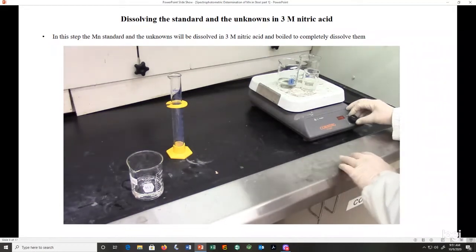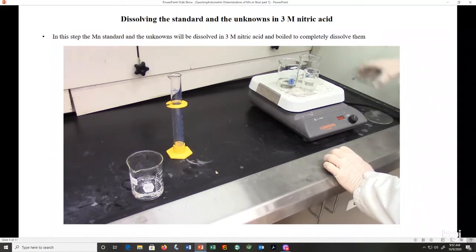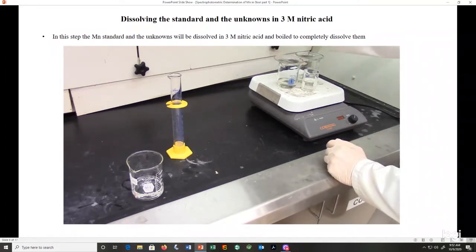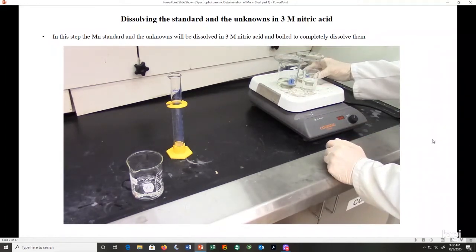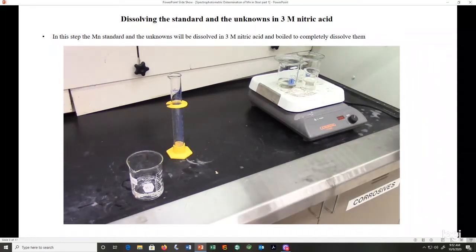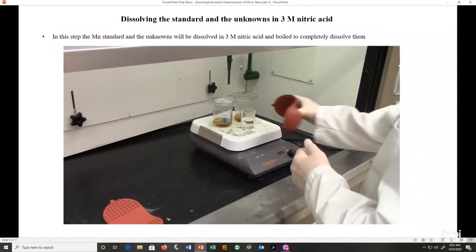And then we're going to put a watch glass over the top of the two unknown steel samples. So now we can see after heating for a while that the manganese standard has come to a boil.